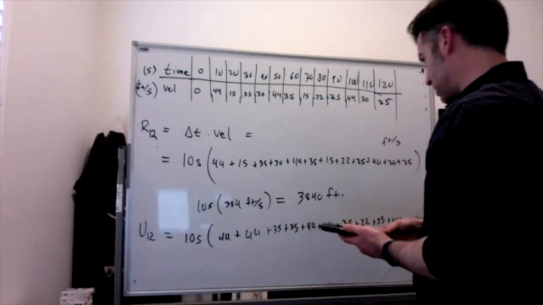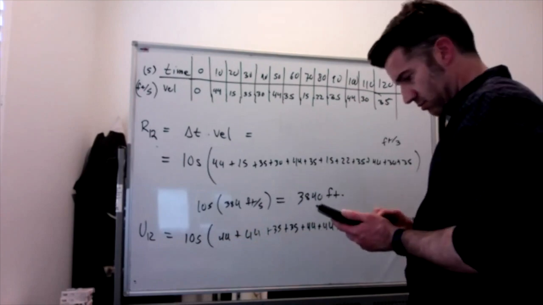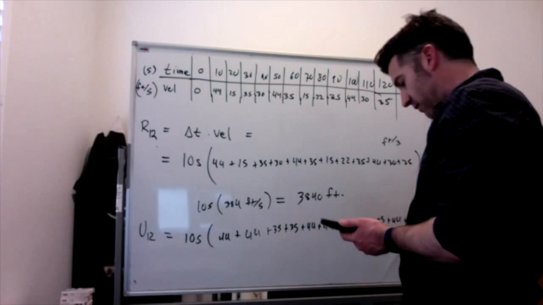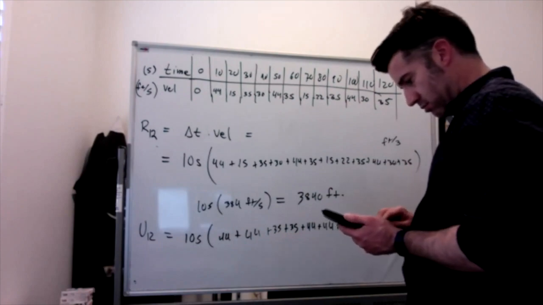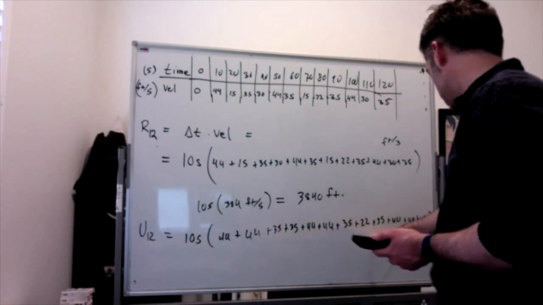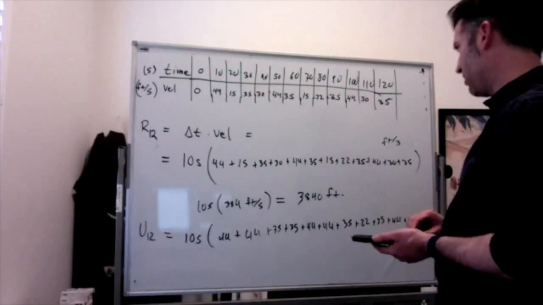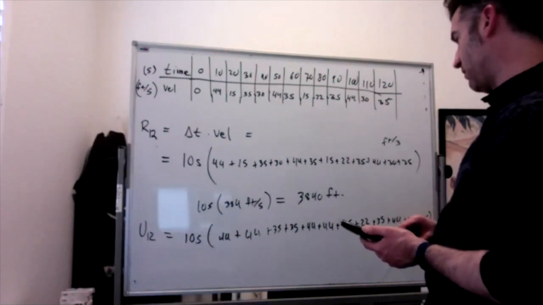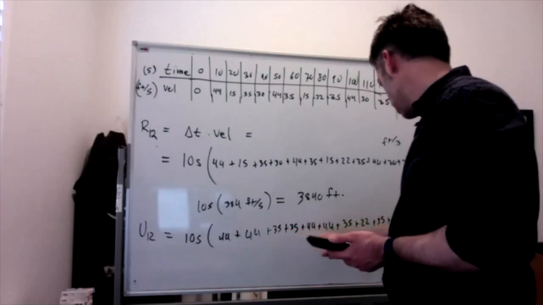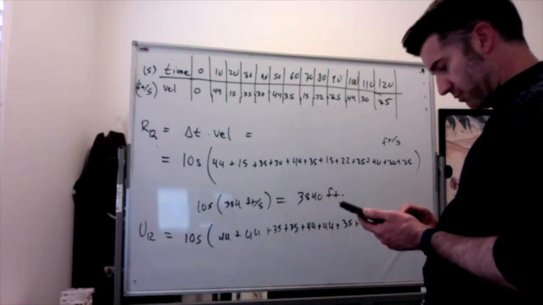So if we do this one, let's see. I got 44, 1, 2, 3, 4, 5, 6 times. I have 35, 1, 2, 3, 4, 5 times. And then let's see, what else do I have? I have a 22. Is that it? That does not feel like enough data points. I've definitely missed some because there should be 12.